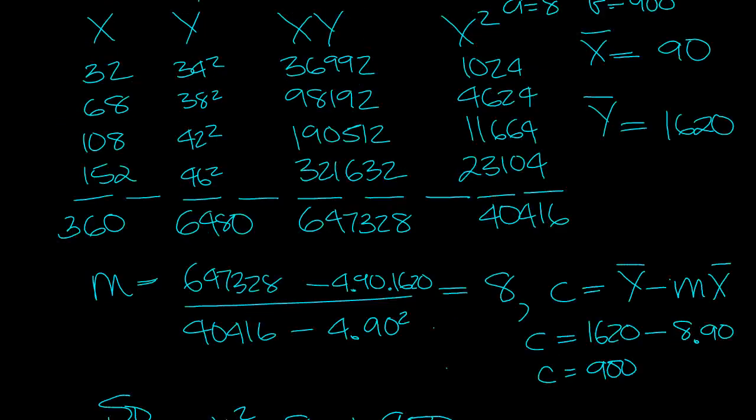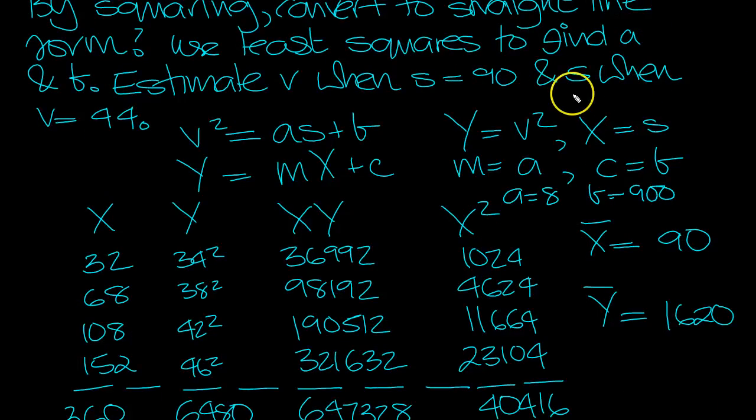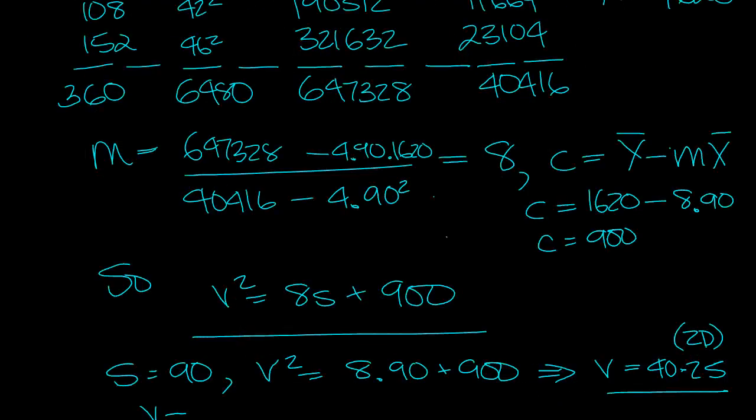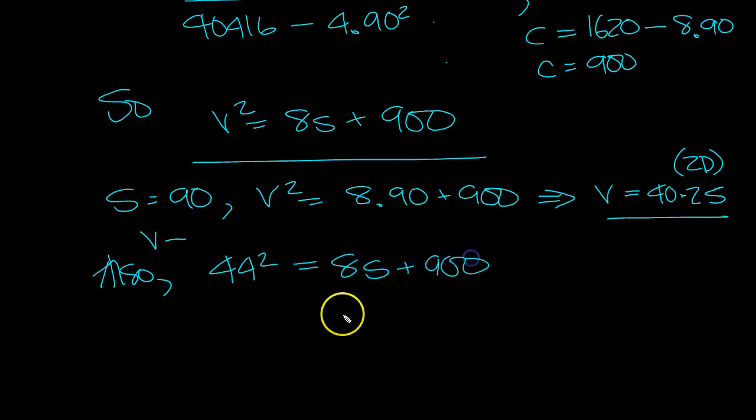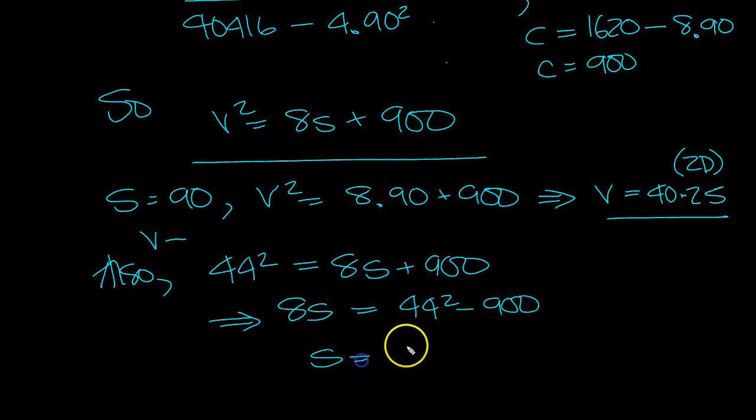Okay, next one. It says estimate s when v is 44. So put it in. 44 squared is equal to 8s plus 900. So 8s will equal 44 squared minus 900, and s will equal 44 squared minus 900 over 8.